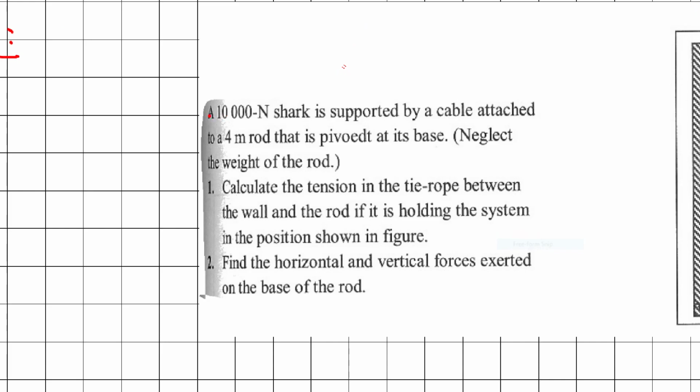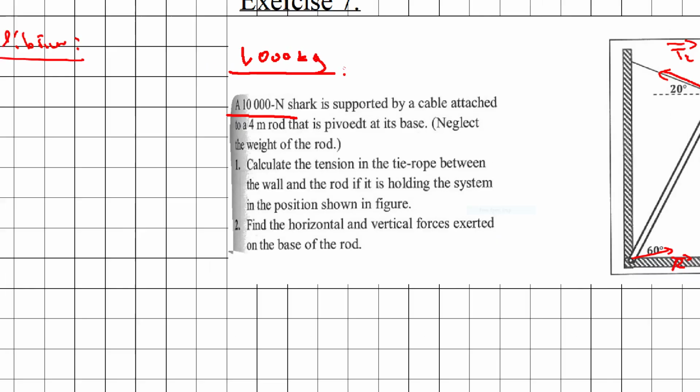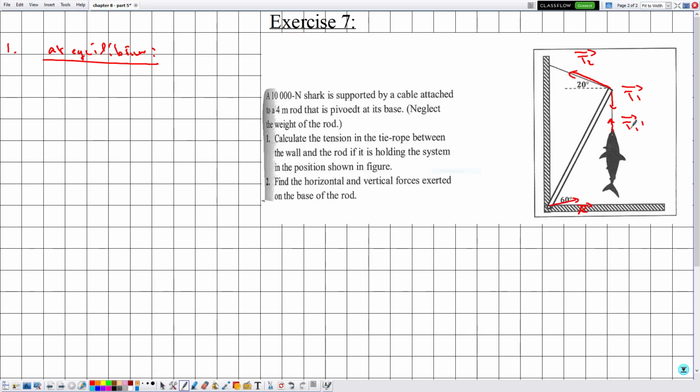So notice that here 10,000 newtons means 1,000 kilograms if we divide by 10. I don't know if the mass of the shark is worth 1 ton. You can check on Google if this given is correct or not. Here we are talking about the shark. Then the weight of the shark plus T1 prime is equal to 0 vector. This is the weight of the shark.